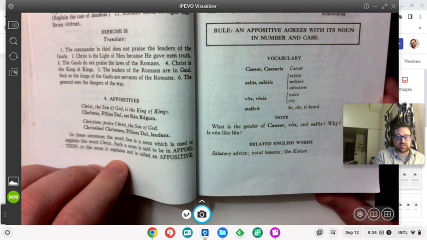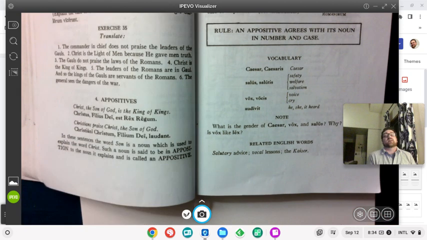So we have Caesar, Caesaris, a third declension word. Excuse my classical pronunciation. Salus, salutis, which is safety, welfare, or salvation. We have vox, vocis, voice, or it means the cry of somebody.